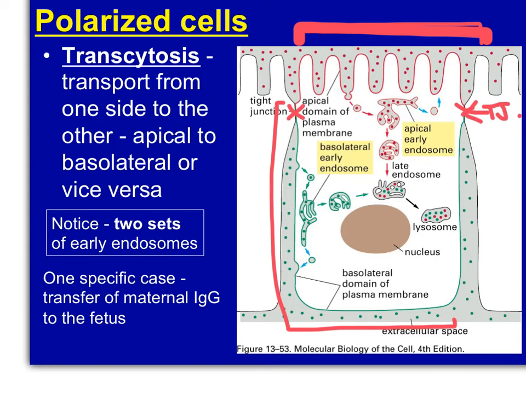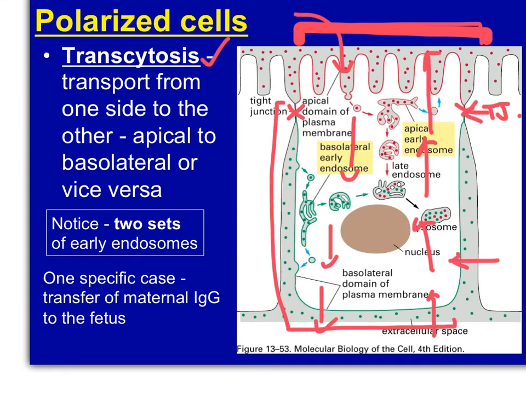But we can have a process called transcytosis occur from one side of this membrane to the other side. That is called transcytosis. You can also go from the basolateral side to the apical side. And I'm showing this from the basal, but it could also be from the lateral side.